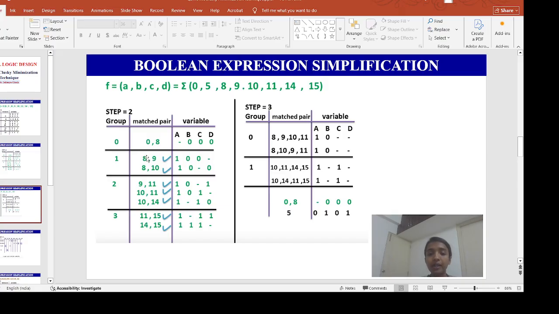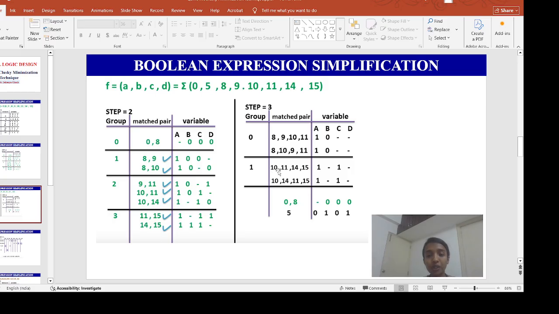But in 8, 9 and 10, 11, if you compare, you can see 1, 1 is matching, 0, 0 is matching, 0, 1 is not matching, underscore, underscore is matching. Okay, so only one mismatch is there.